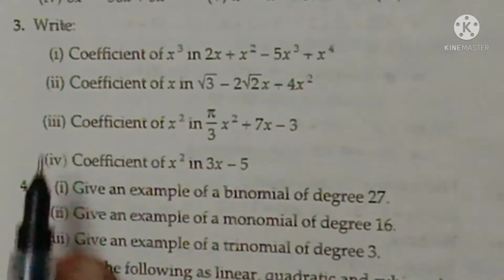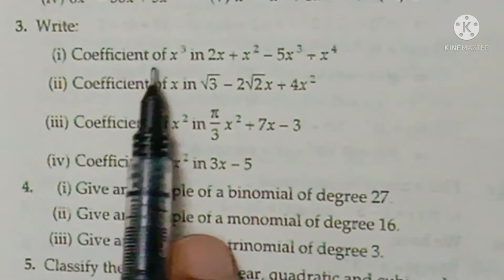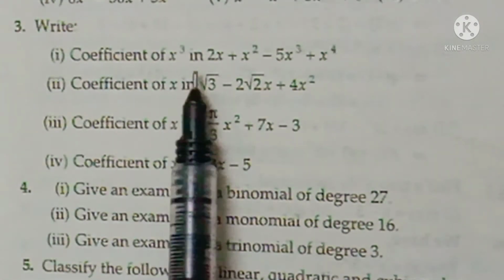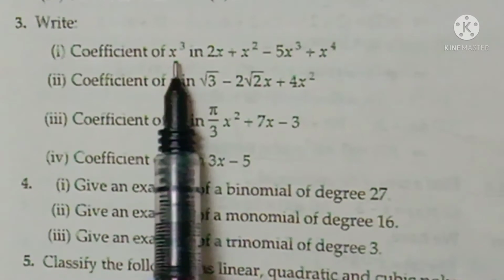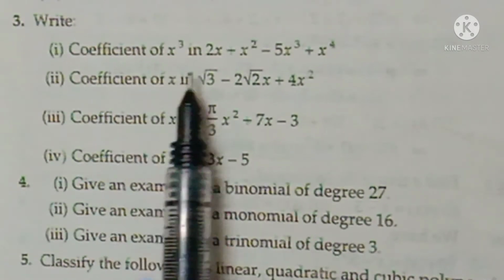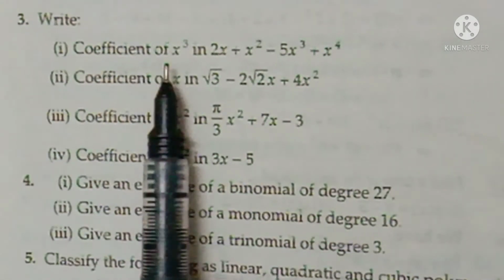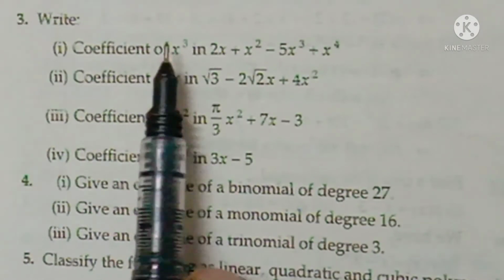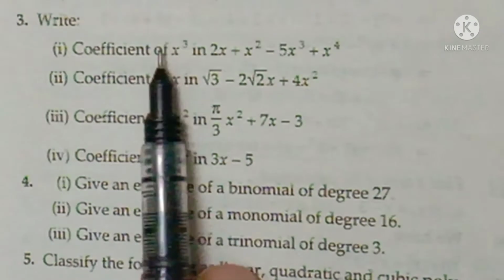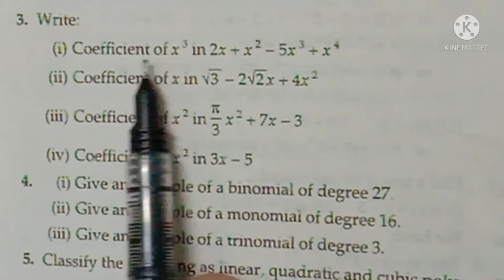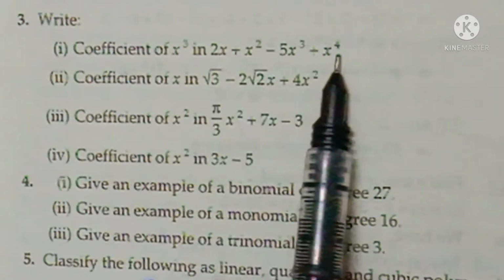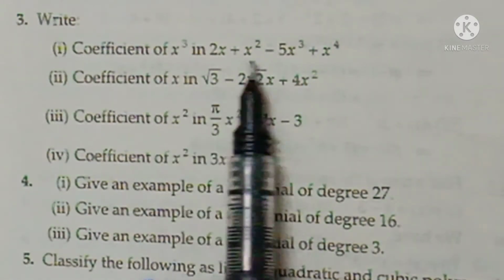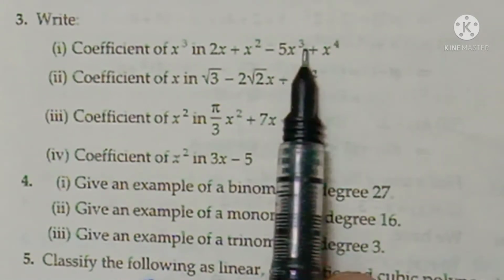Now third, write the coefficient of the first part, x cube. When you have to find the coefficient of any variable, the remaining factor is the coefficient. See the expression: the term having x cube is minus 5x cube.